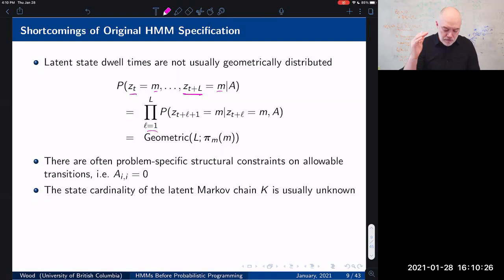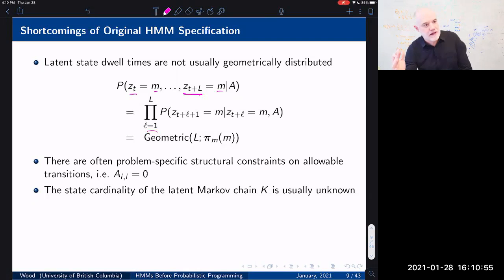And when you do that, that basically corresponds to a geometric distribution with parameter L. So that's the probability is equal to the probability of L successes and then one failure with probability pi m index m, stay in the same state, right?